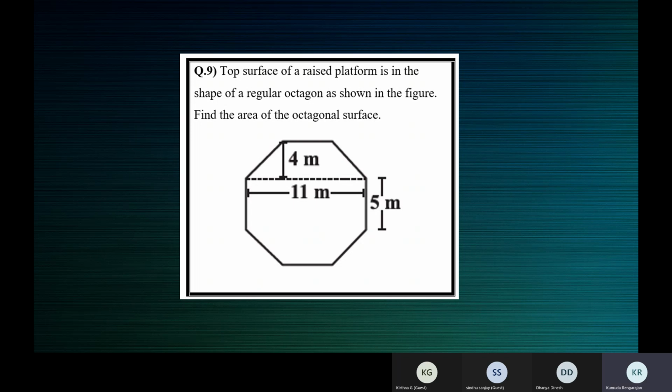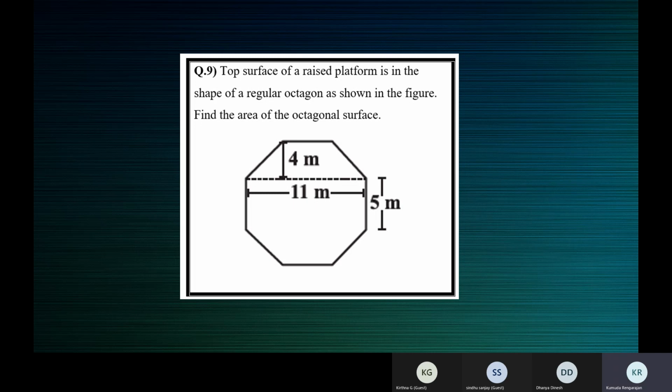A regular octagon is one in which all the eight sides and the eight interior angles are equal. A polygon with eight sides is an octagon, and if all the eight sides are equal and the interior angles are also equal, then it's a regular octagon.